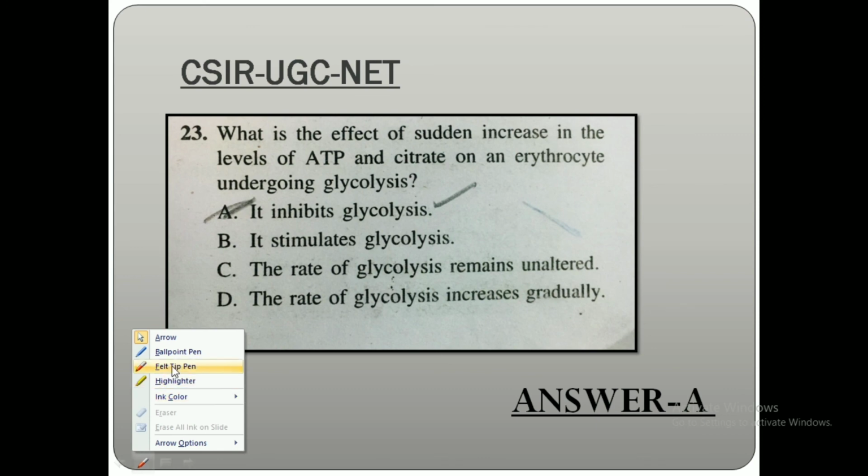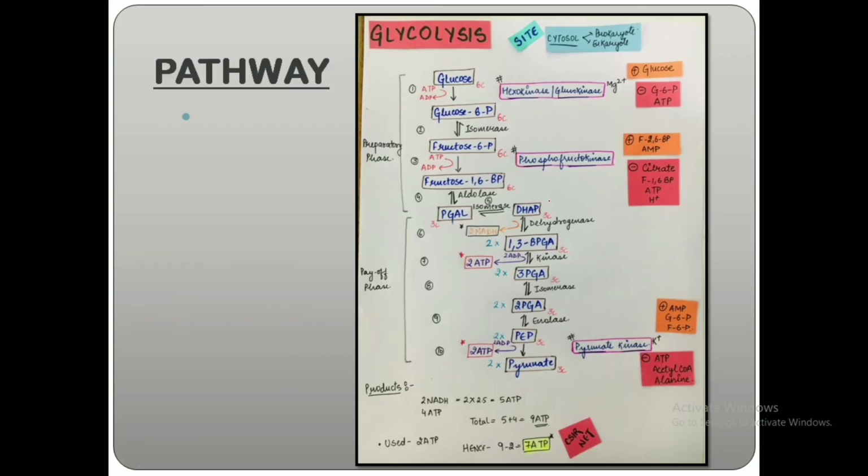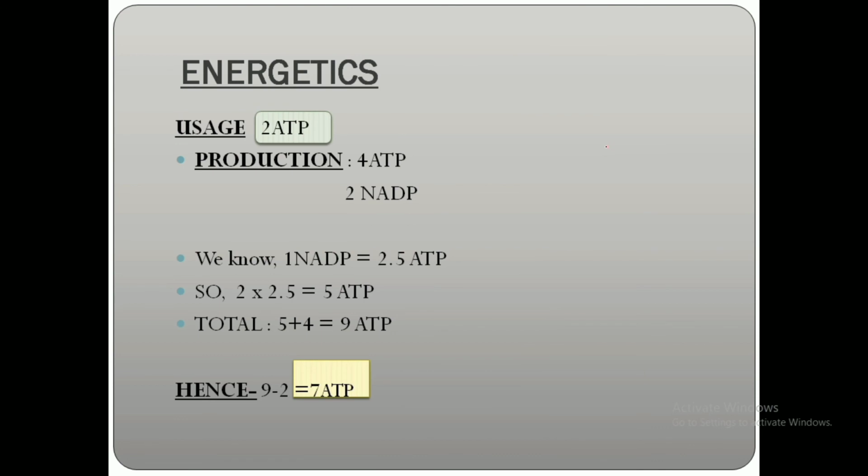So let's discuss a previous year question now. The question is asking what would be the effect of a sudden increase in the level of ATP and citrate on an erythrocyte undergoing glycolysis. As we have just studied about the regulatory enzymes, we can find out that citrate and ATP are negative regulators for phosphofructokinase.